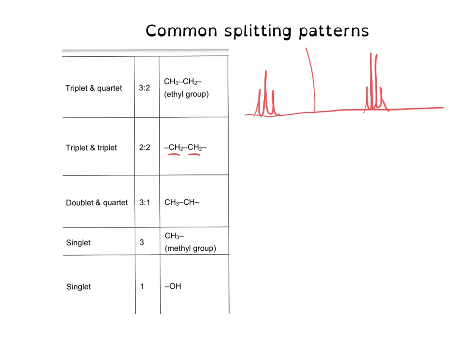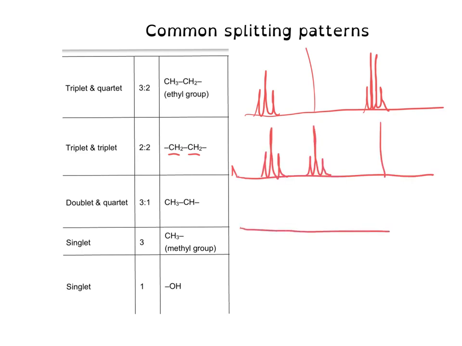A doublet and a quartet tells you that you have got a CH3 next to a carbon hydrogen, and that might have another group on it but only one single proton.